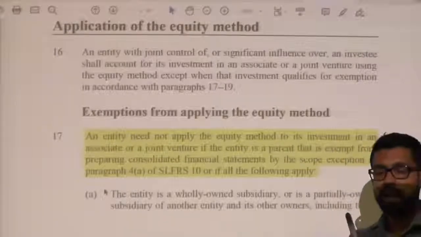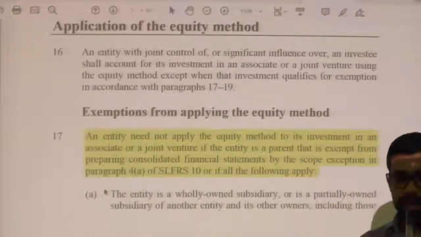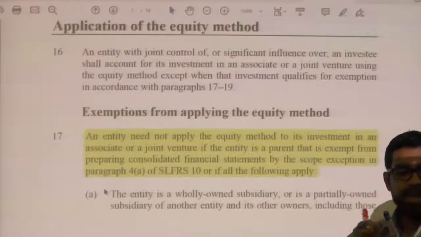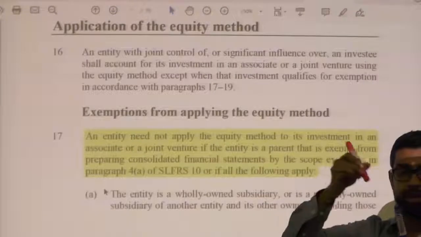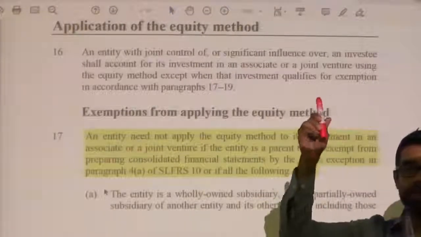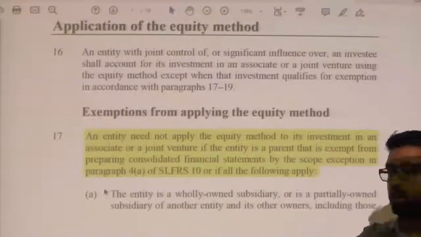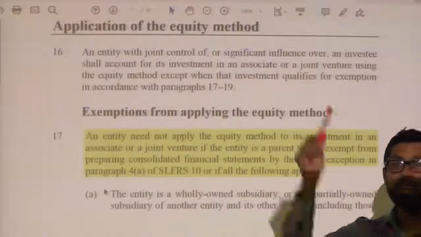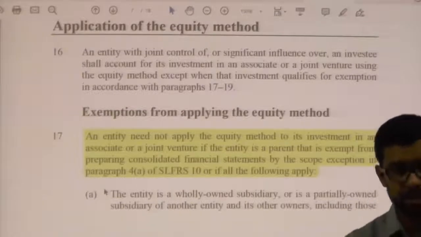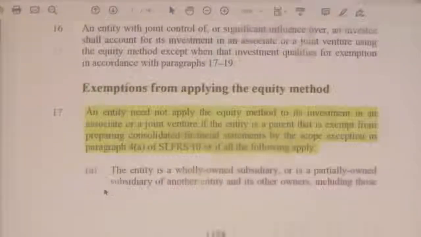Similar to a subsidiary. Blue controls red, and blue is the ultimate parent. So blue prepares consolidated financial statements, not red. Here red will not apply the equity method of accounting in that case. Only the ultimate parent prepares consolidated financial statements. Understand it. Very simple. Right? Paragraph 17.